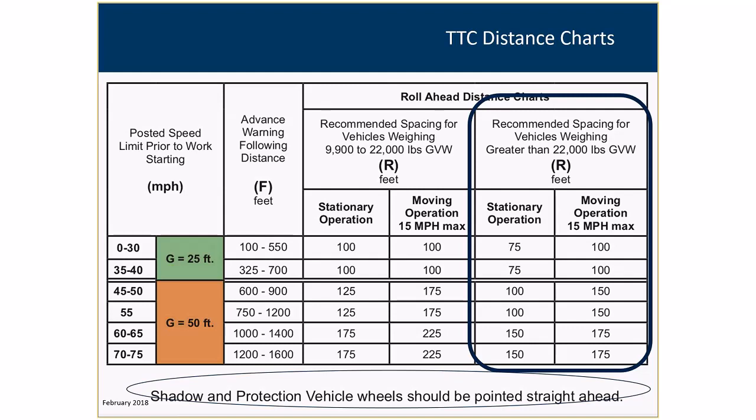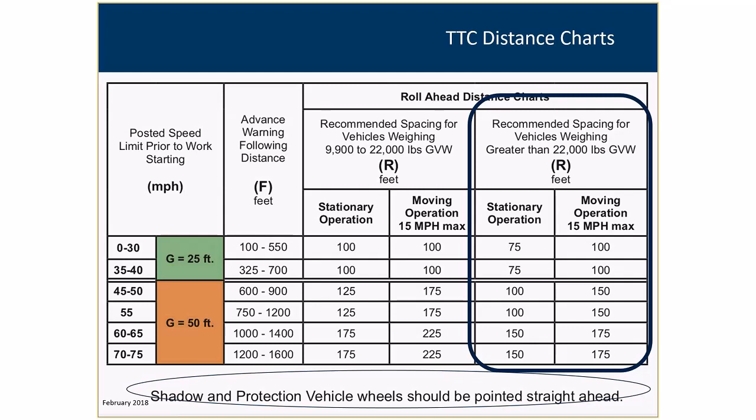Previous to this, we just had the recommended spacing for the roll-ahead distance with those values out there. But there is an acknowledgement that if you have the heavier vehicles, that roll-ahead distance can be reduced.